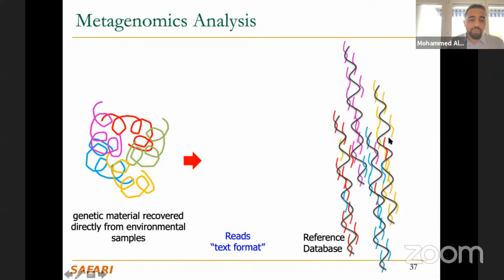And for that, the probability of finding a hit in all these reference genomes is very high, especially when we talk about a combination of only 4 characters, A, C, G, T. When you enumerate the possible sequences that we can build out of ACGT, you will find a lot of hits in all these reference genomes. So whenever we have a shorter subsequence, the probability of finding a match is really high when we compare against a very long string. That's what we call metagenomic analysis, but I'm not going to explain this in this lecture.